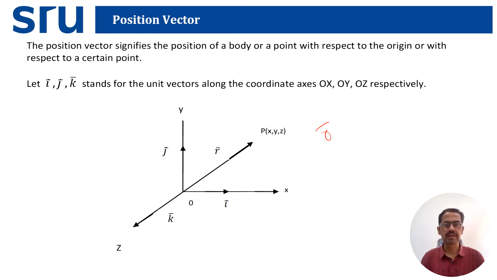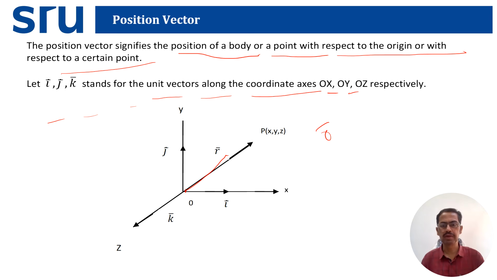The position vector signifies the position of a body or a point with respect to the origin or a certain point. Let i bar, j bar, k bar stand for the unit vectors along the coordinate axes Ox, Oy, Oz respectively. Right? This is the position vector.